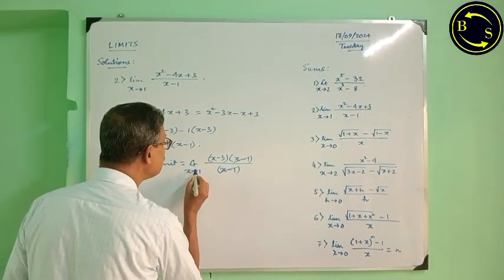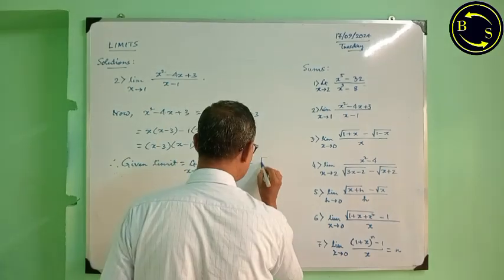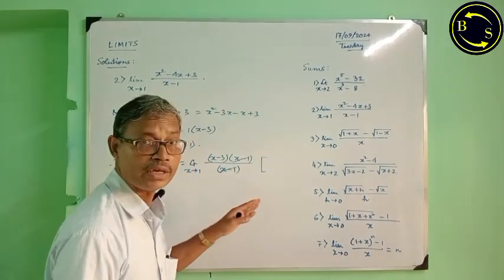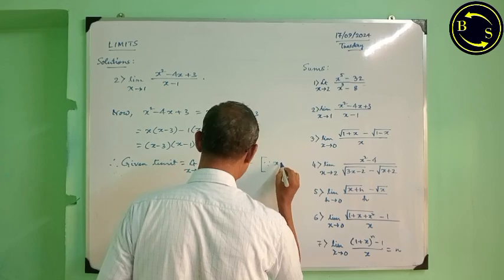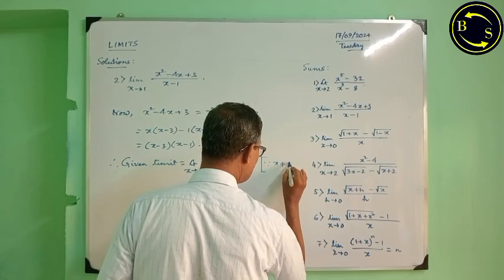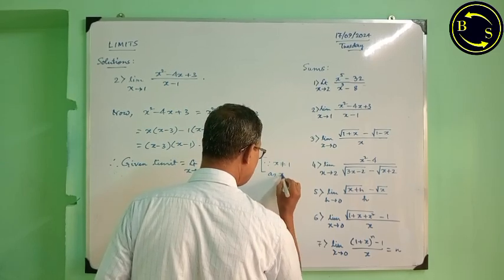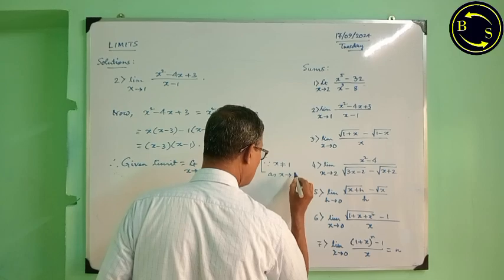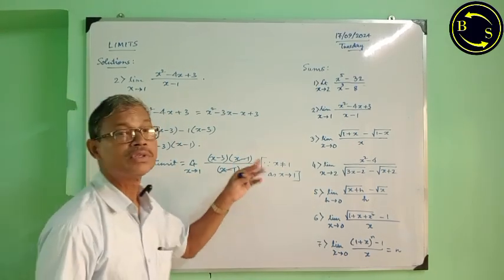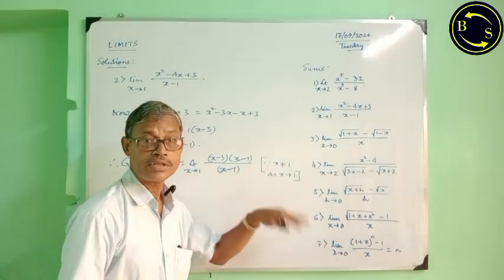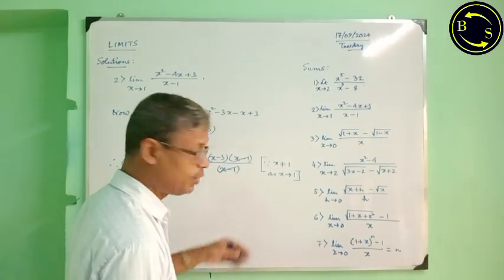Here x tends to 1 and that matter is to be mentioned here. Since x is not equal to 1 as x tends to 1. Remember that you must mention this on the right side of this step.